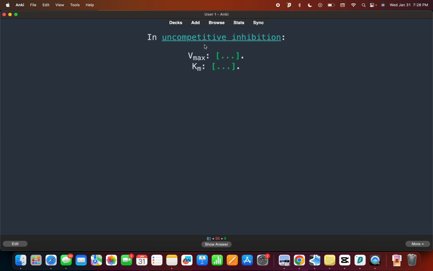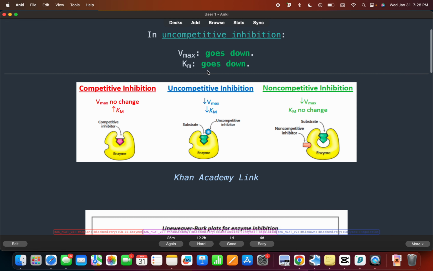In uncompetitive inhibition, we have the Vmax and Km both reducing, so it goes down.